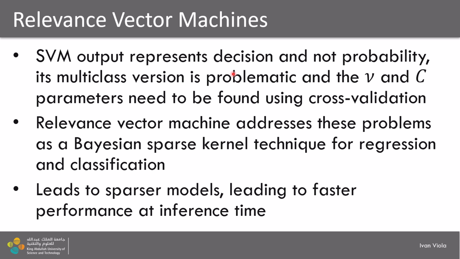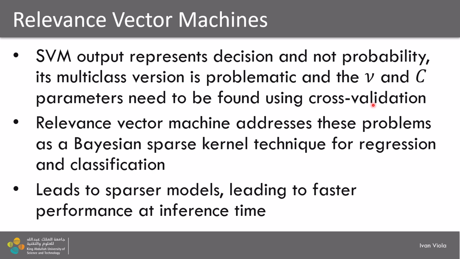Its multi-class version is problematic, and only the two-class classification is well formulated for the SVM technique. The hyperparameters like nu and C, and in the case of regression also epsilon, need to be found using cross-validation. That means we need to perform training several times in order to find the best hyperparameters.